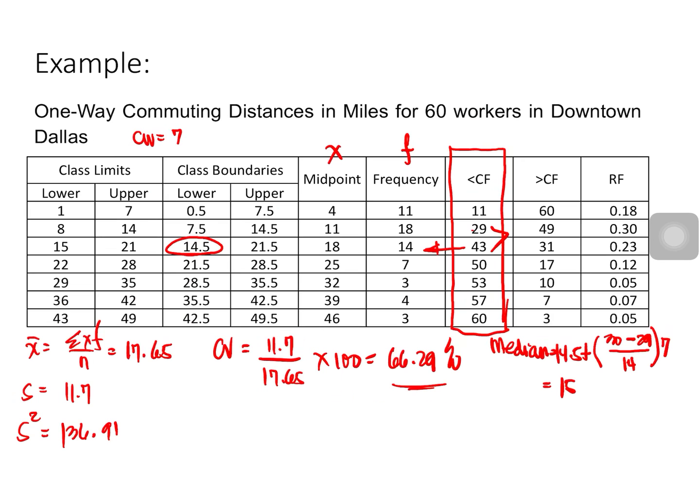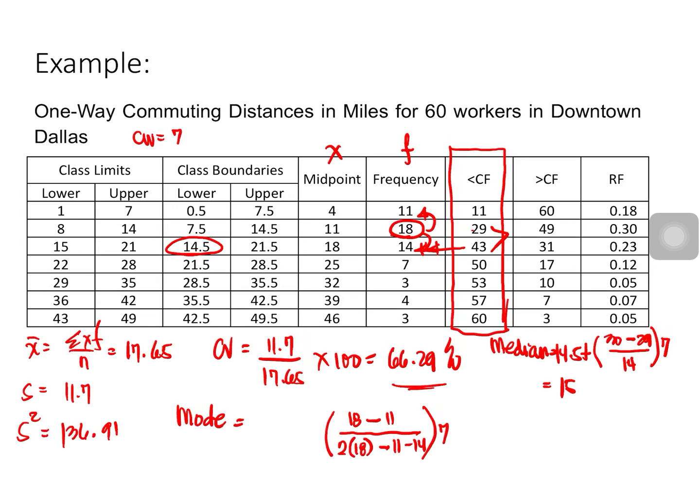Sorry for that. Excuse me. Now we have the mode. For the mode, look for the highest frequency, that is 18. Then 18 minus the value above it, that is 11, divided by 2 times the highest frequency, 18, where 2 is a constant, minus the value above 18 minus the value below, that is 14.